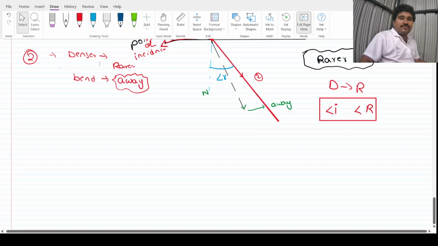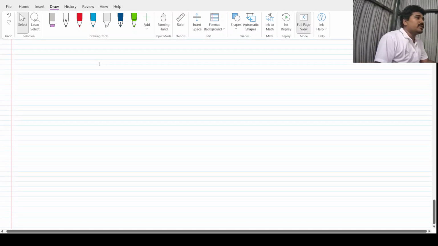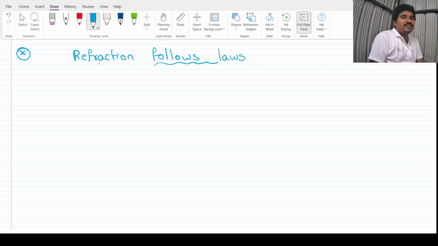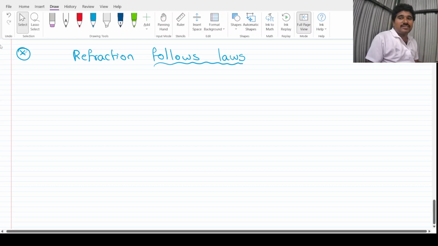Now observe carefully. This refraction also follows some laws. Those laws are known as laws of refraction. What do we call them?